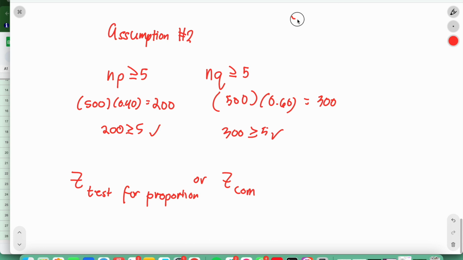From the Z value that we know, x bar minus mu over sigma over square root of n, the Z computed, or also known as Z test for proportion, we have the sample proportion minus the population proportion over what?